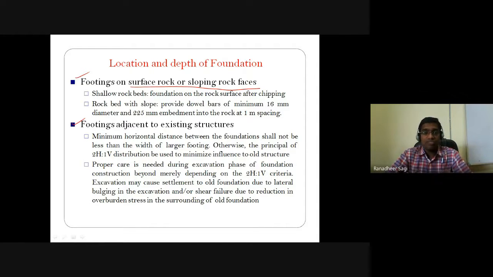In case the load transfer region of your footing and the adjacent footing gets overlapped, that is, if the pressure bulbs of your footing and the adjacent footing overlap, then within that overlap region the strength of the soil strata could decrease, resulting in the failure of your foundation or the adjacent foundation. So you have to minimize what is called the overlapping effect or interference effect of one footing on the other footing, to minimize the excess settlements that are going to happen in those foundations.